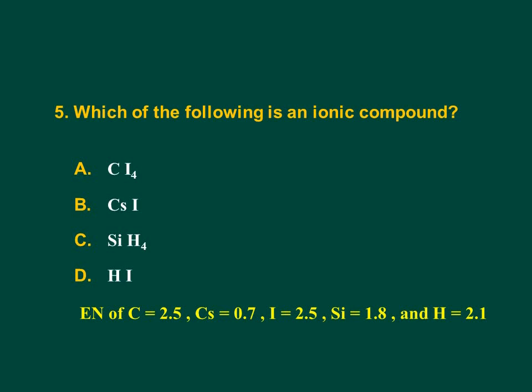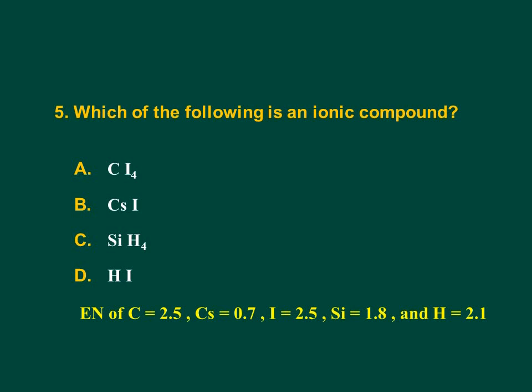So the difference between carbon and iodine is 0. So this is non-polar. The difference between cesium and iodine, cesium equals 0.7 and iodine 2.5, so the difference equals 1.8. The difference between silicon and hydrogen, silicon 1.8 and hydrogen 2.1, so the difference is 0.3.